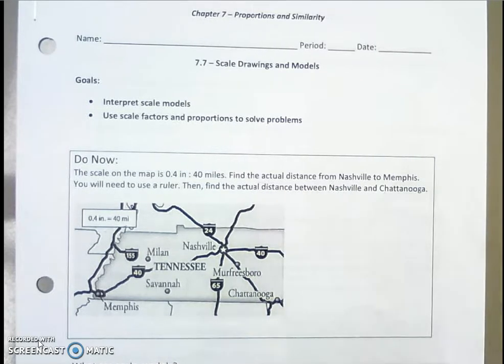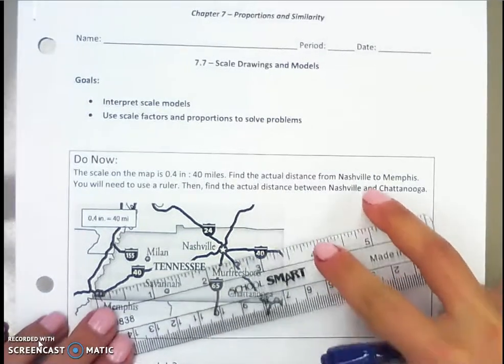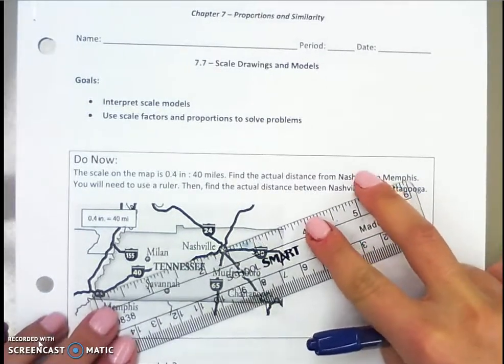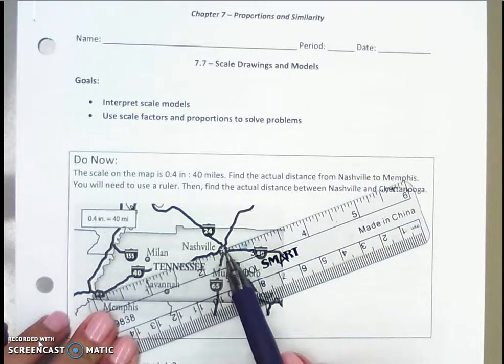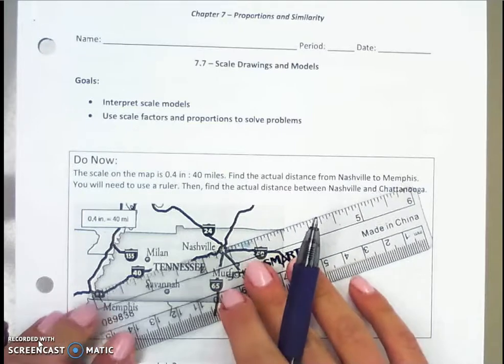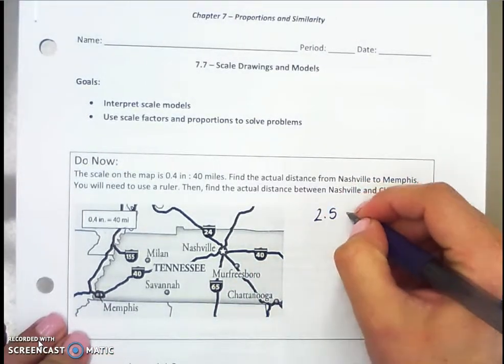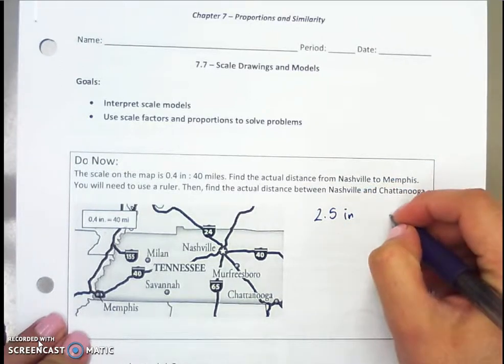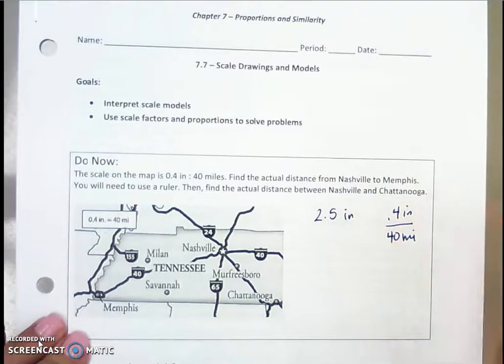So using a ruler, we're going to use the inches side and measure from Nashville to Memphis. It's approximately 2.5 inches. So Nashville to Memphis is 2.5 inches. We know the scale is 0.4 inches to 40 miles.